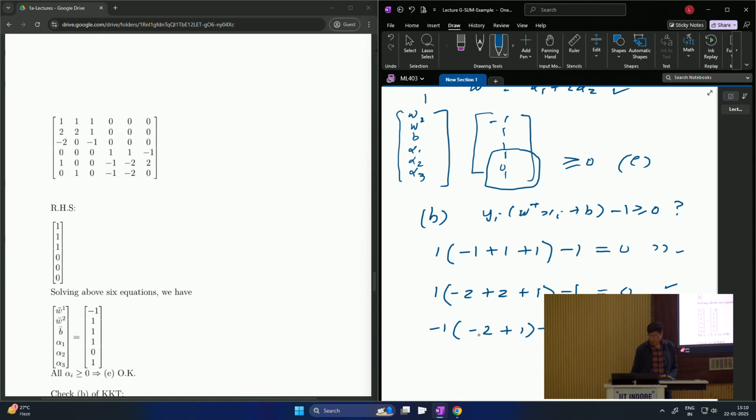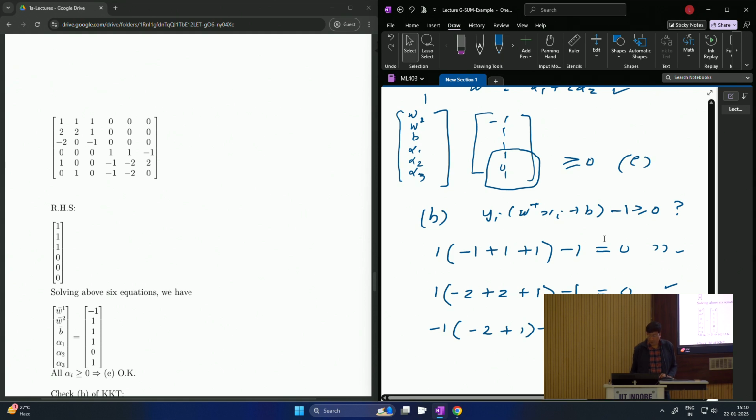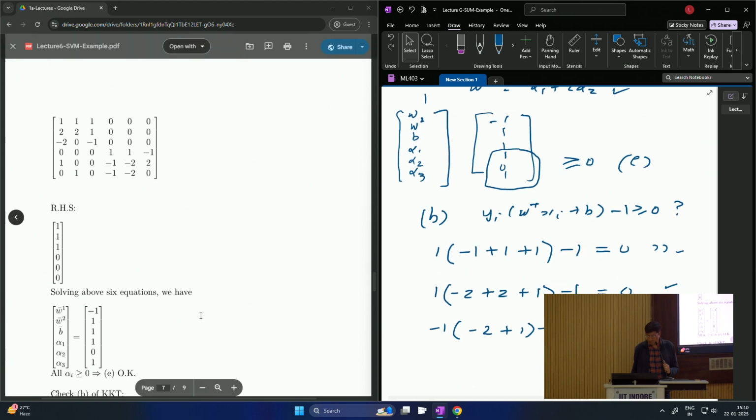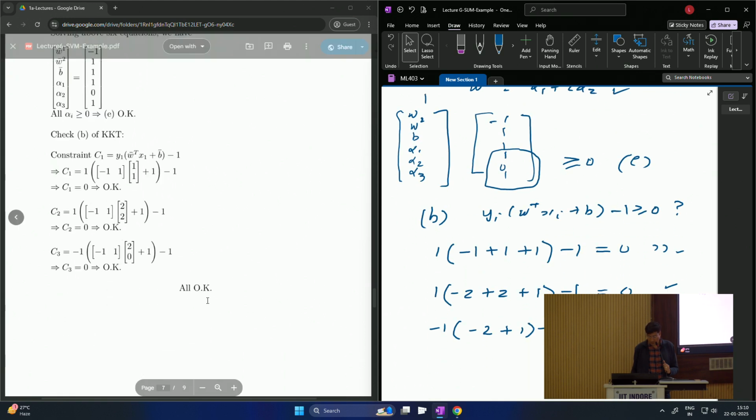So what is this? Minus 1 plus 1, this is again equal to 0. So all constraints are satisfied. So what you got here is not just a candidate for minimizer, it is a minimizer. Everybody okay?